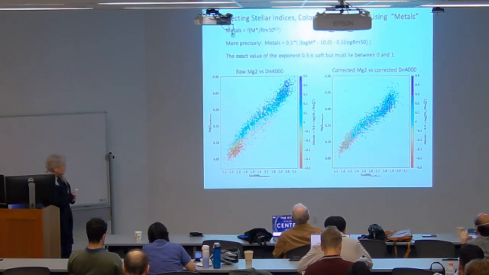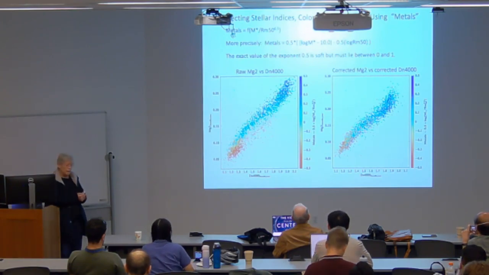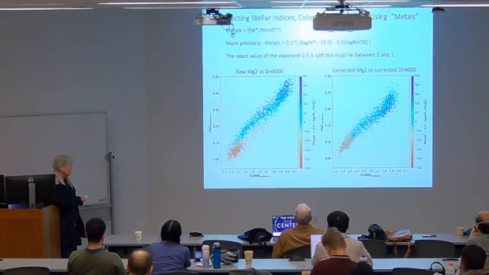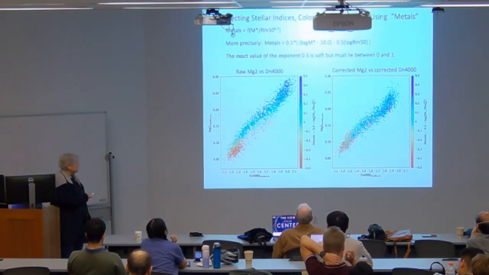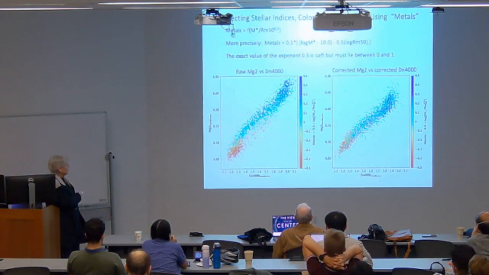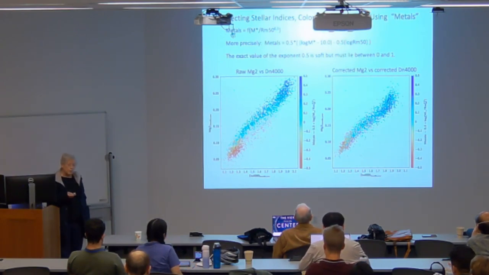Okay, so now I want to turn to the question of stellar population problems. We've spent a lot of time studying the Lick indices in MaNGA galaxies, and we have a way of correcting each index, not only indices, but also colors and mass-to-light ratios, using a metals parameter. And this is purely empirical.